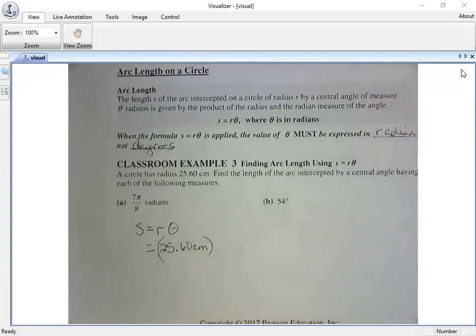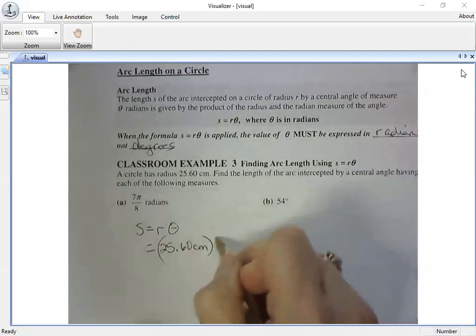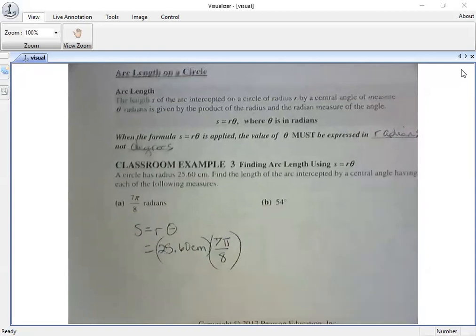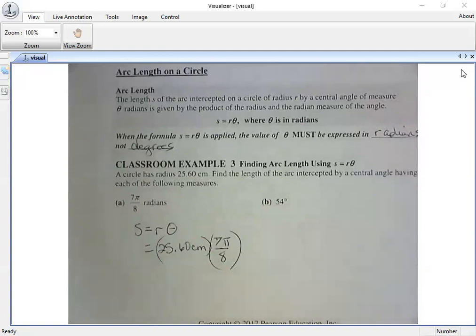And what are we going to put in for pi? I'm sorry, not for pi, for theta, the angle measure. 7 pi over 8. Okay, now, if we're going to multiply that together and get a length, there's two different ways we can express it.